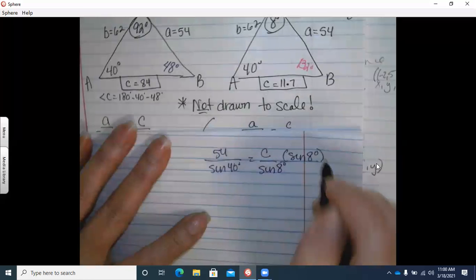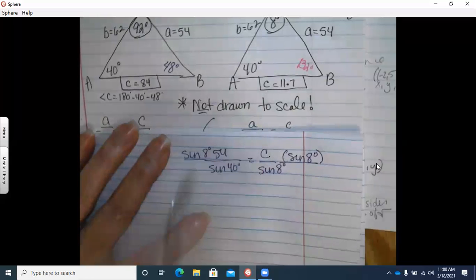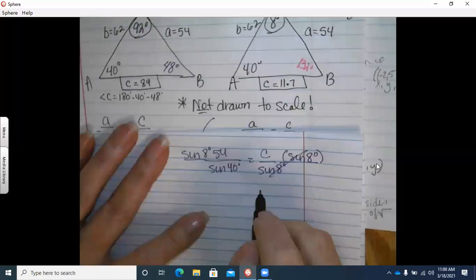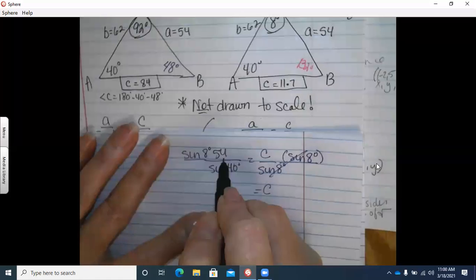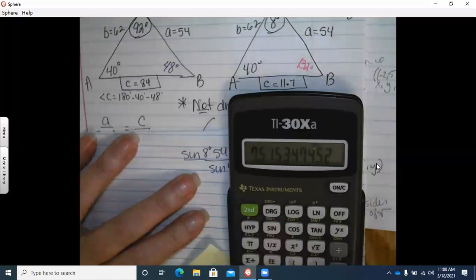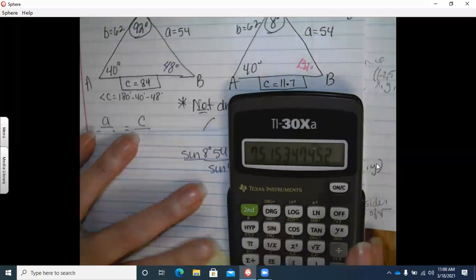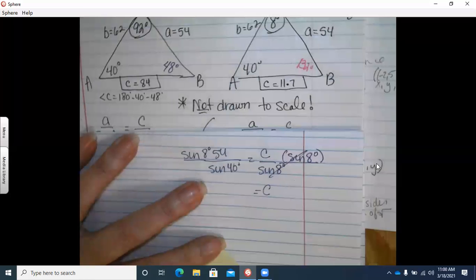This is what you do if you do not do the cross product. So C equals, and remember in your calculator, this means sine of 8 degrees times 54, or 54 times the sine of 8 degrees, which I would do 54 times sine 8 equals, divided by sine 40 equals 11.69, which is 11.7 rounded to the nearest tenth.